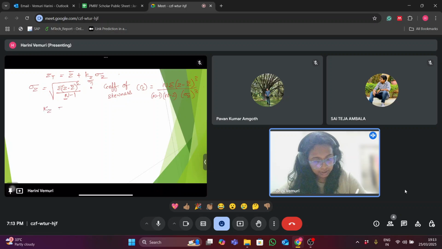This frequency factor is a function of return period and coefficient of skewness. From the table we can find the kz value, and using this kz, sigma z and z bar, we can calculate zt. After computing zt, if we take the antilog of zt, we get the xt value, which is the flood or flow value.